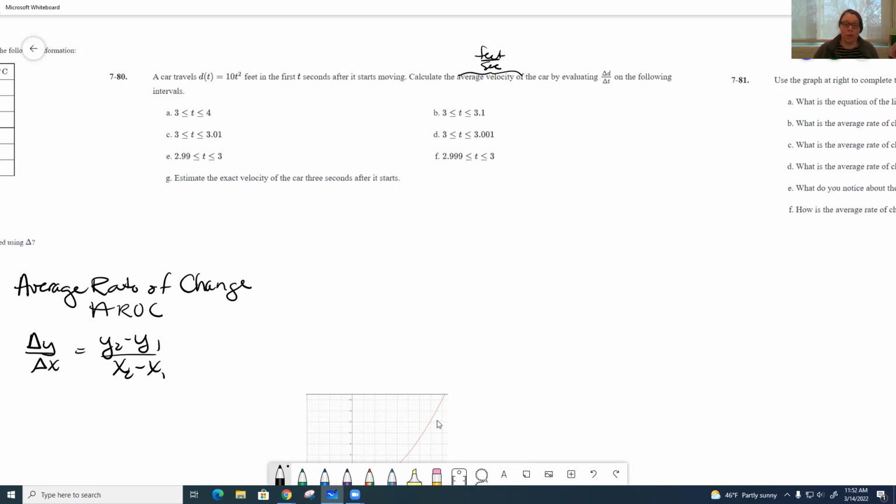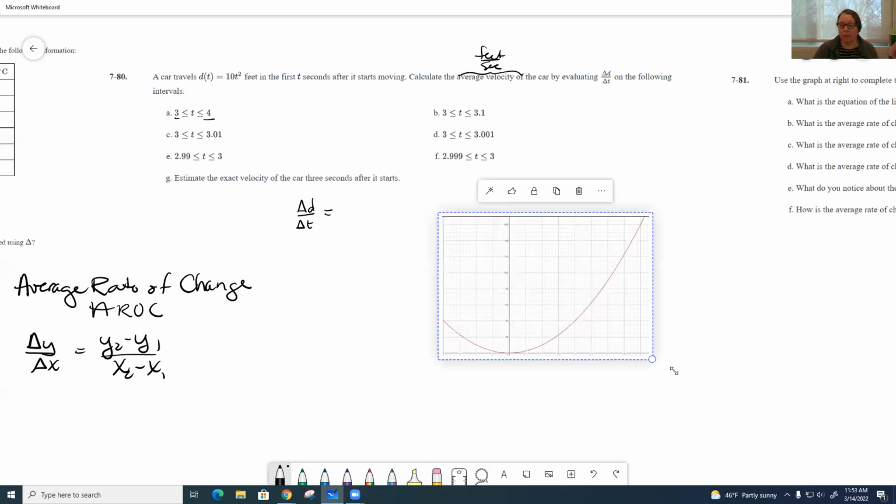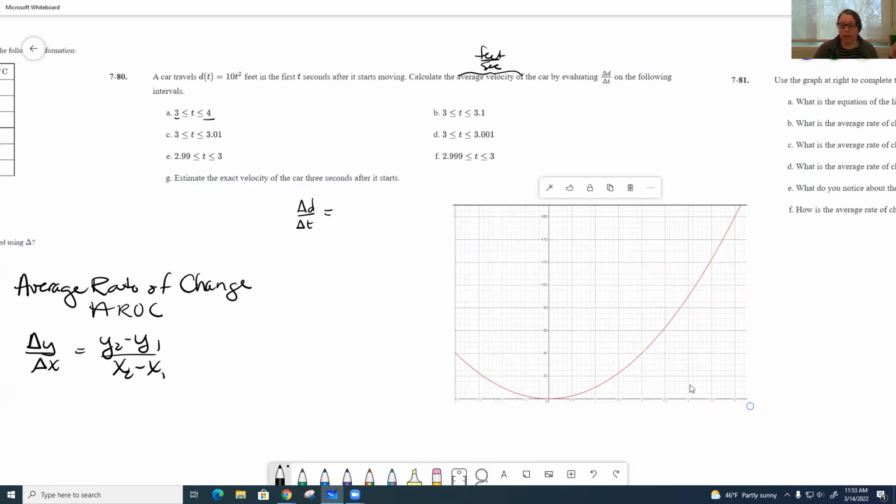So when we go to do the change in the distance over the change in the time, the thing is, I'm going from 3 to 4, but I don't know what the corresponding distances are. And the graph would be a parabola opening up.